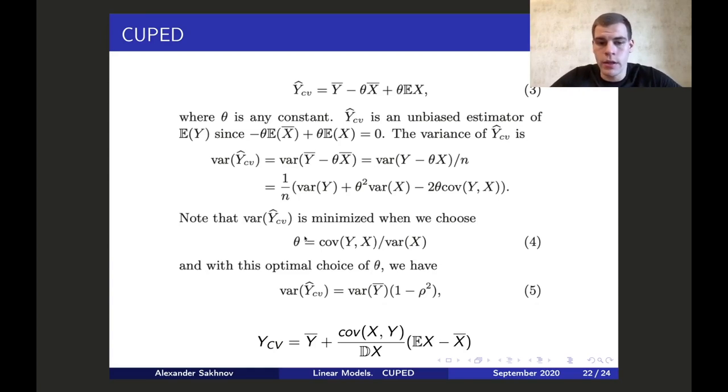And if we replace theta here, as a result we get this formula. So the new time series is equal to the old time series plus some constant multiplied by the deviation.